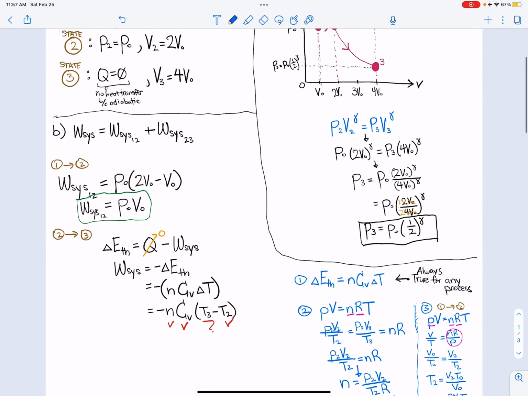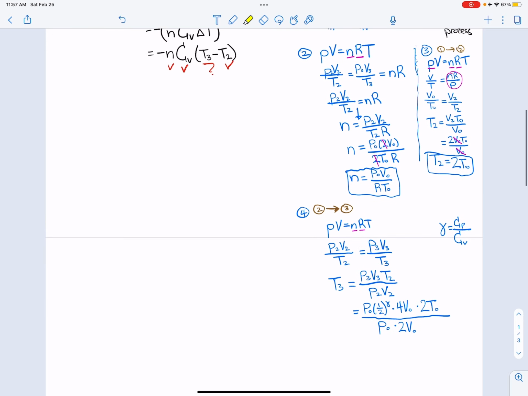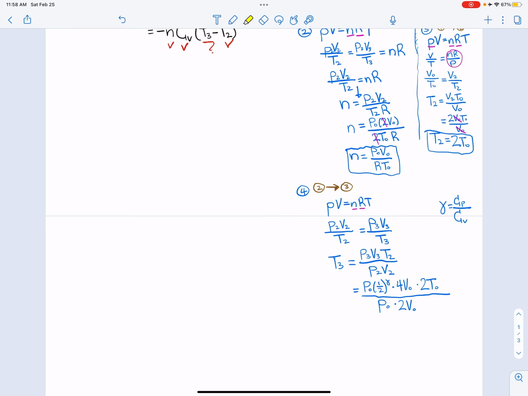However, in this problem we were not given Cp, we were just given Cv. So we can't use gamma, because we have to use only Cv, no Cp. So what do you think that means? If you guessed side quest number 5, you are correct. So let's go to side quest number 5.